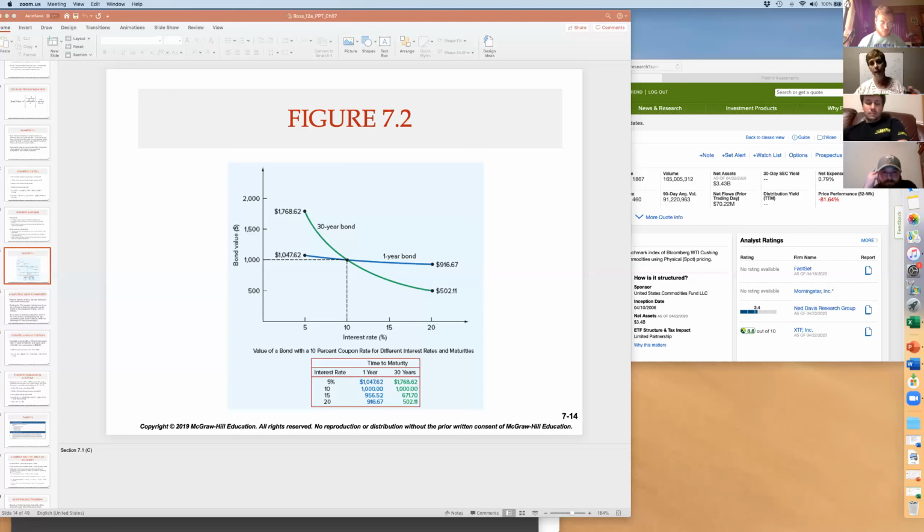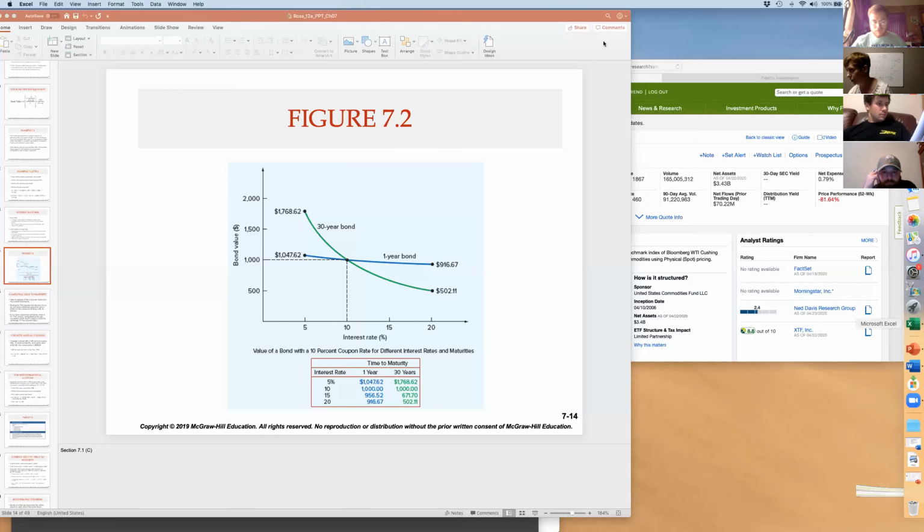So a lot of different possibilities. What that green line represents is what we call a bond profile, right? And all we're doing is graphing the price of the bond, one point at 5%. So if we plugged in 5% for our interest rate in 20 terms, the price is going to be $1,768.62.